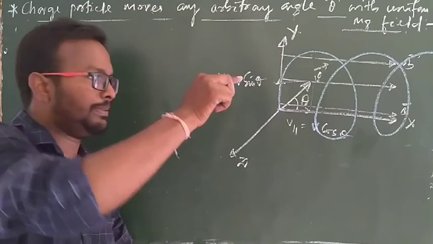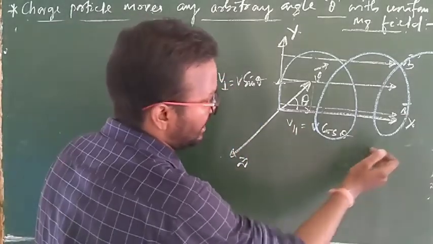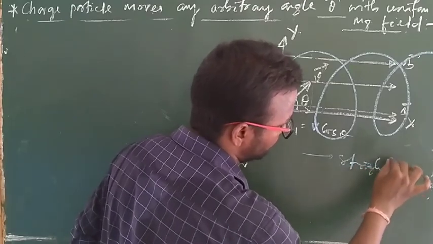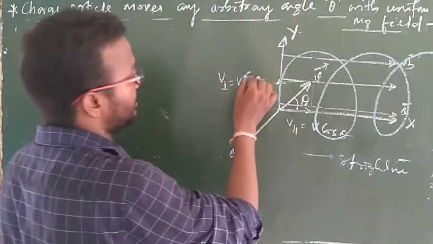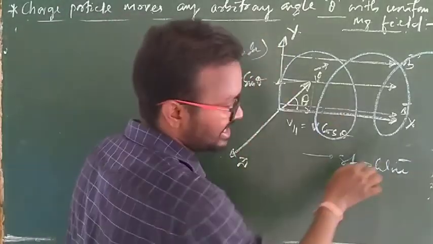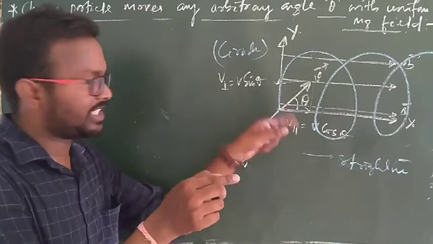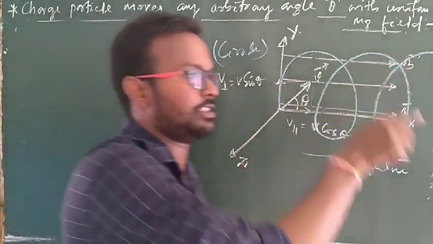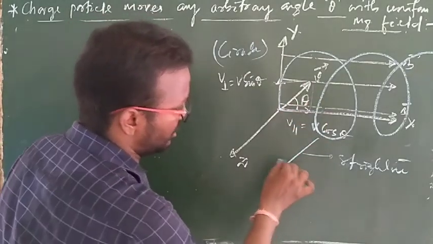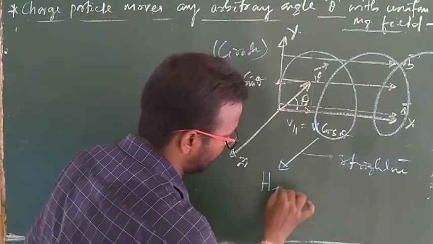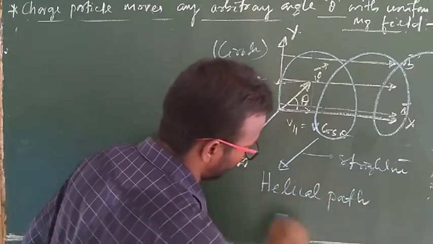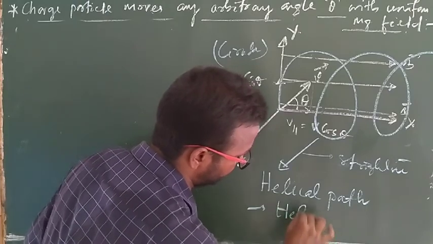With two types of paths, the straight line path due to the parallel component and the circular path due to the perpendicular component, the total resultant path of the charged particle is in this way, and this path is known as a helical path, or a helix.